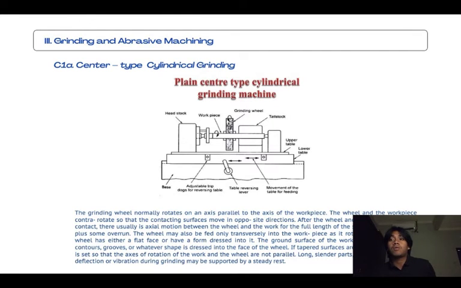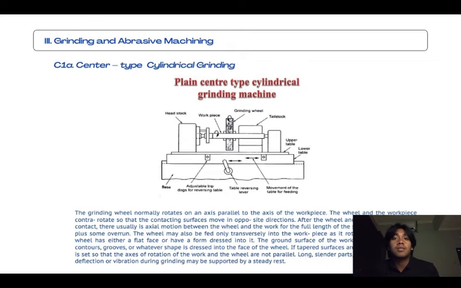After the wheel and the work have made contact, there usually is actual motion between the wheel and the work for the full length of the surface to be ground, plus some overrun. The wheel may also be fed only transversely into the workpiece as it rotates.